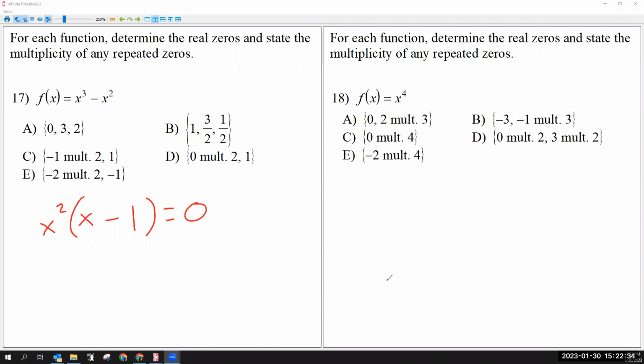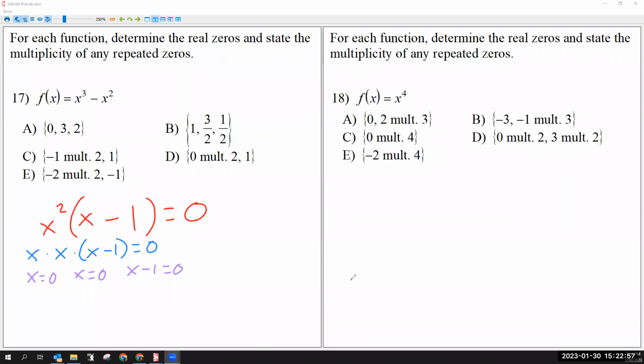Okay. And now that x squared, I'm going to rewrite as x times x times x minus 1. It'll make sense why I broke that x apart in a second. Then I'll say x equals 0, x equals 0, x minus 1 equals 0. So I said each part equals 0, and then solve for x.